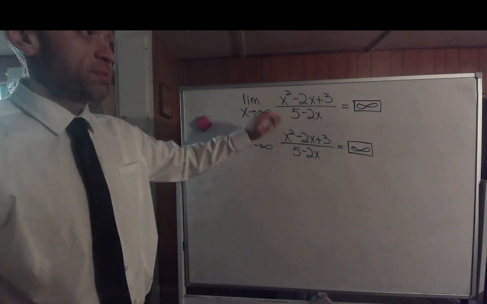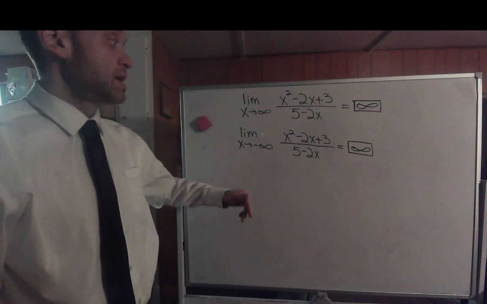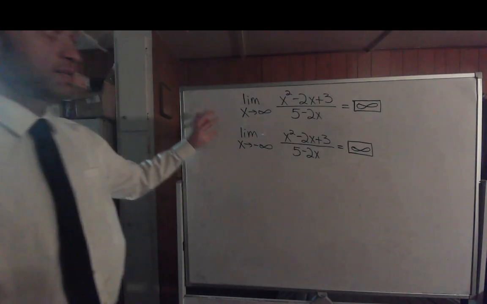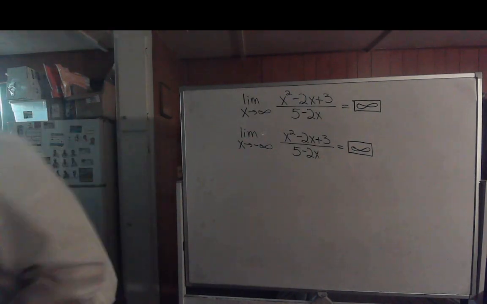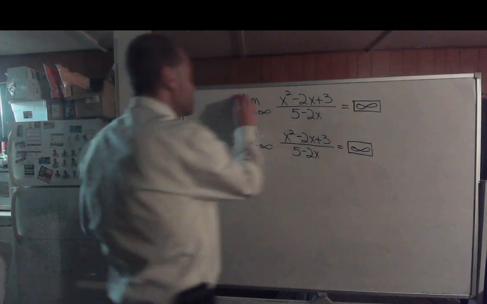You have to really make sure you look at the sign and the power of what you're raising this to. That'll help you determine your limit. Let's do one more. And then we're going to move into some radical functions.